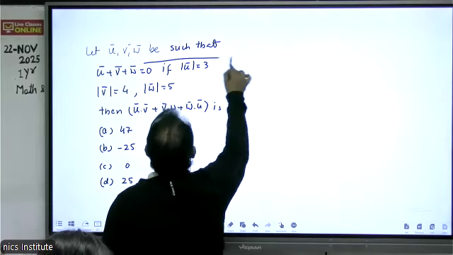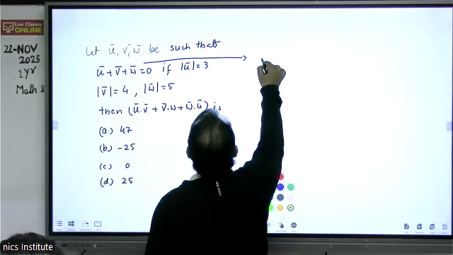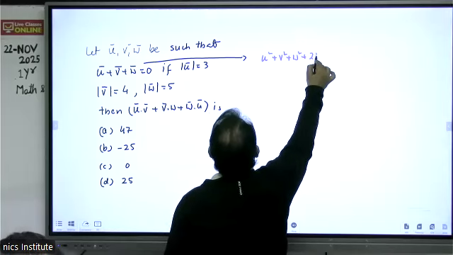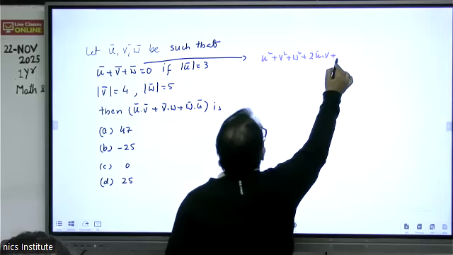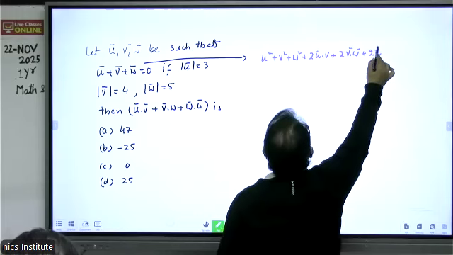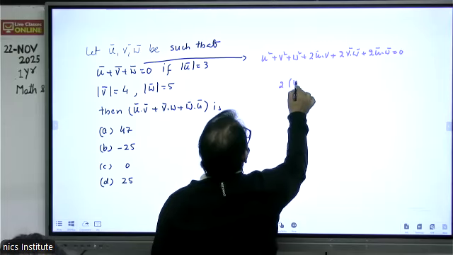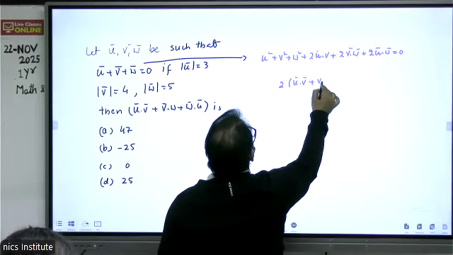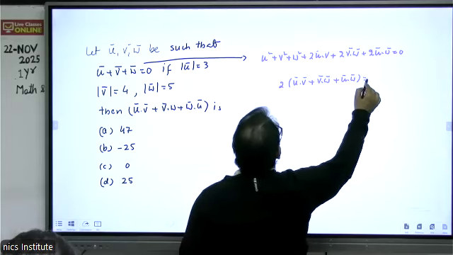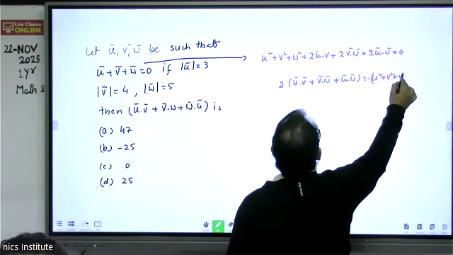इसको स्क्वायर कर दो, सारे पाप धुल जाएंगे। u square plus v square plus w square plus 2u.v plus 2v.w plus 2u.w equal to 0. 2 कॉमन, u.v plus v.w plus u.w will be minus of u square plus v square plus w square.